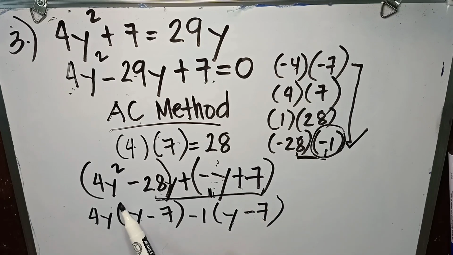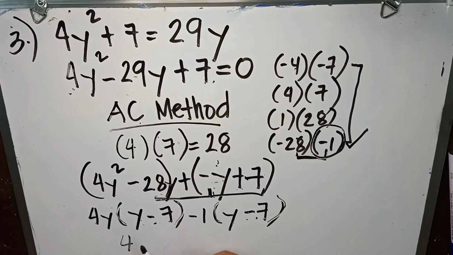Okay, class, the open and close parentheses indicate multiplication. Next, make sure that the open and close parentheses are the same. So we have y minus 7 and y minus 7. So we make them into one.